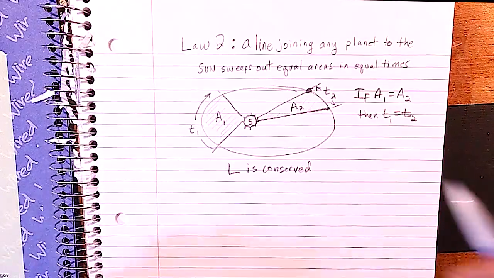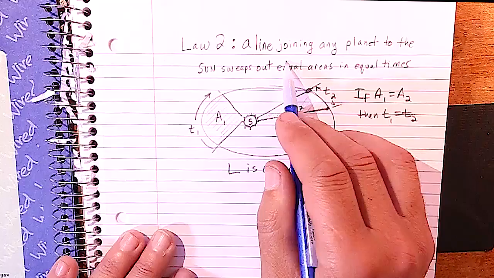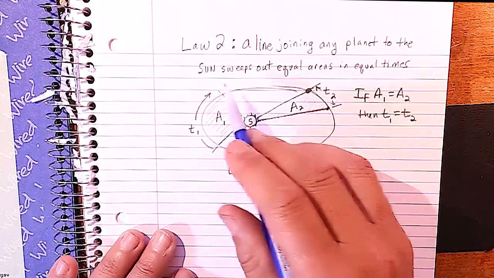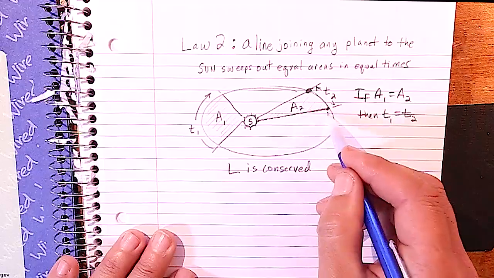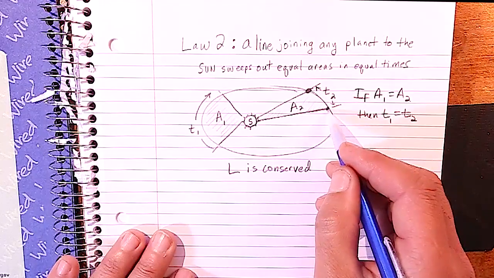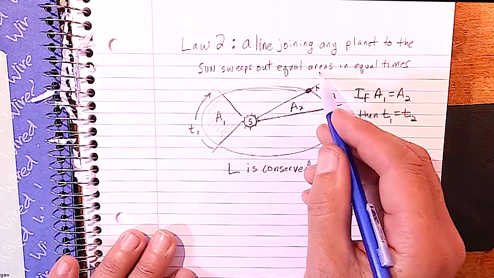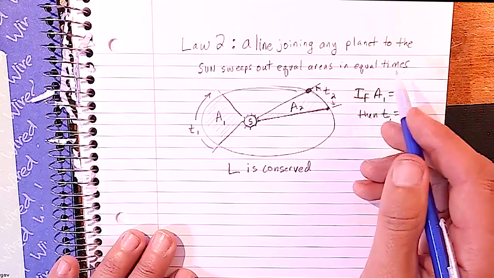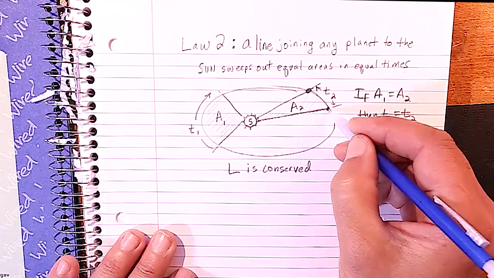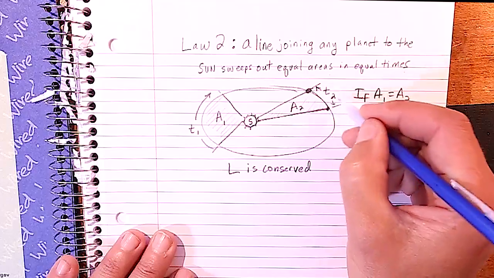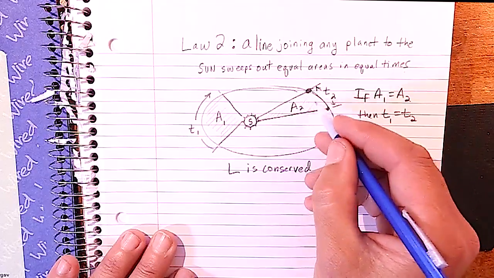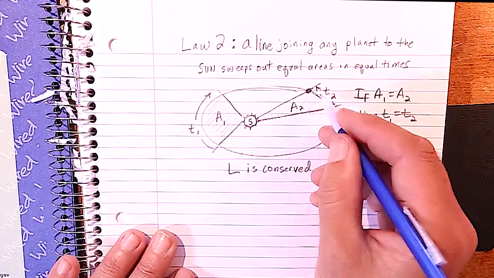Kepler's second law says that if we take a line joining any planet to the Sun, we go from the Sun out to this planet here, it's going to sweep out an equal area in an equal amount of time. So if this planet swings over to here, that consumes a certain amount of time and sweeps out a certain area between these two lines.